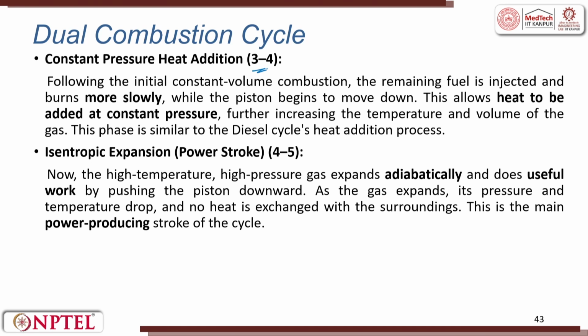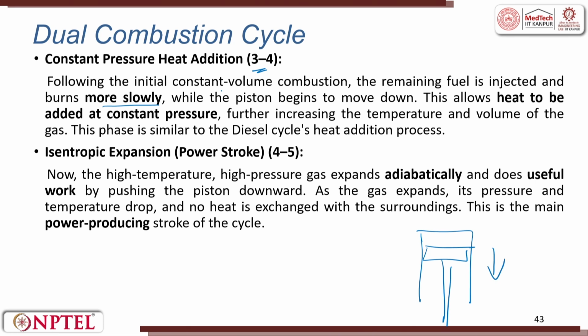Then 3 to 4, it is a constant pressure heat addition which we saw in the PV diagram. Following the initial constant volume combustion, the remaining fuel is injected and burns more slowly while the piston begins to move down. So, at the top dead center you have hit, now slowly it will be moving down.